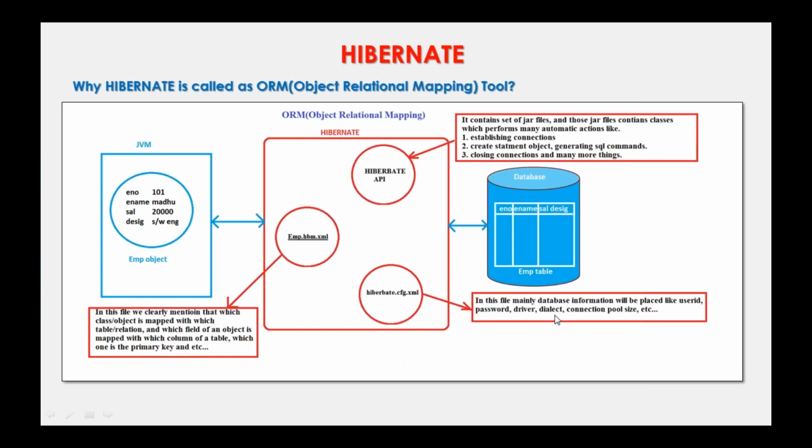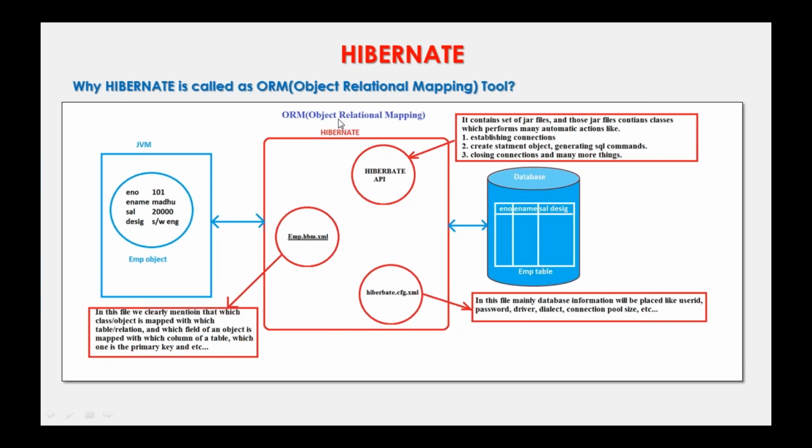You understand? To Hibernate, I need to tell that, hey Hibernate, if I give the employee object, please store that in the employee table. If I give the student object, please store it in the student table. Like that, I need to tell Hibernate before you start the application, before you run the application.